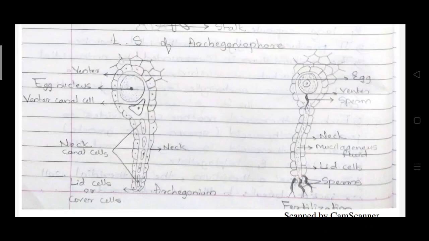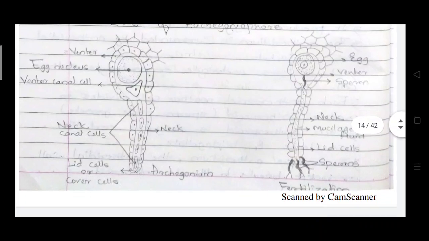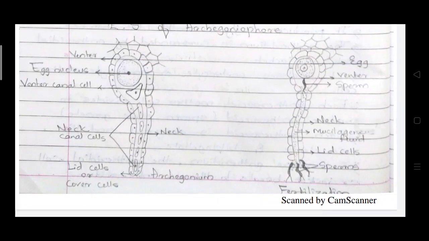At the venter, the venter and venter canal cells are present. In the venter there is the egg nucleus, and in the neck the neck canal cells are present. And at the tip position there are the cover cells, also called the lid cells of the archegonium. So when fertilization takes place, the mature antherozoids or sperms come in contact with the archegonium, searching for the archegonium.